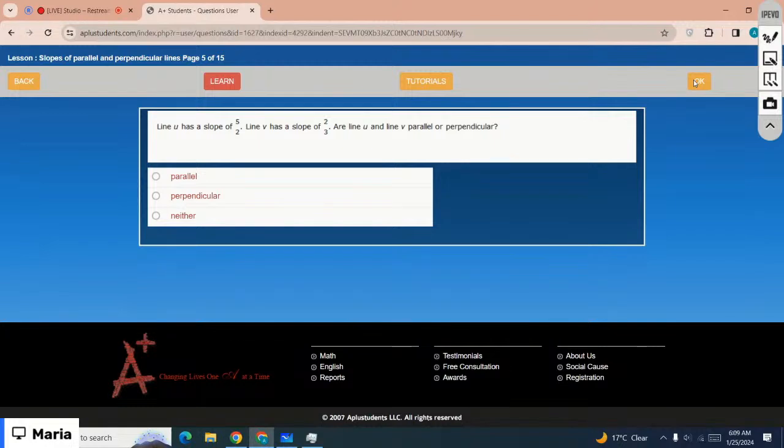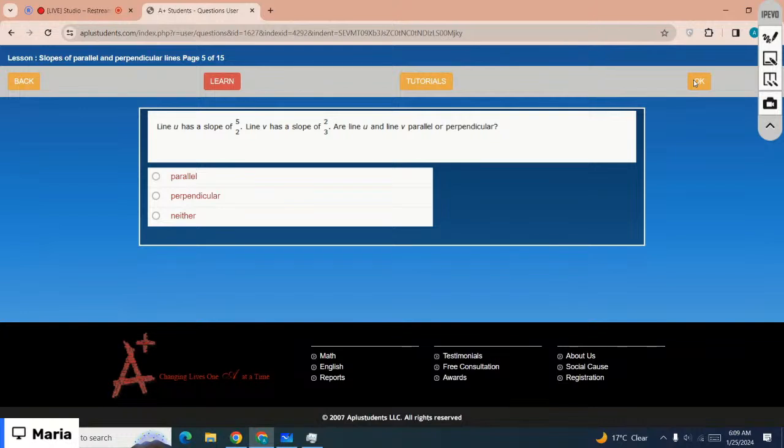Line U has a slope of 5 over 2 and line V has a slope of 2 over 3. Are line U and V parallel or perpendicular? If the lines are parallel, they have the same slope, right?